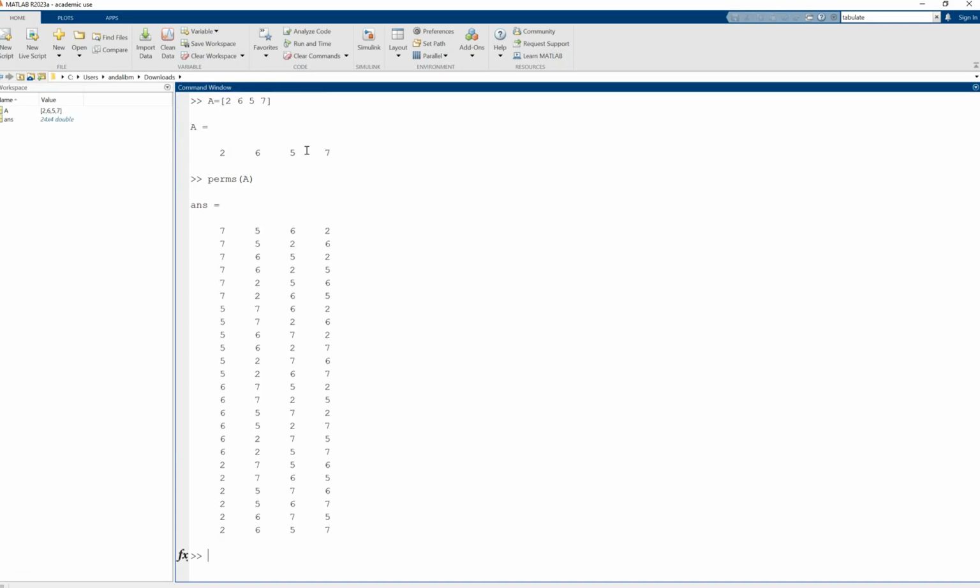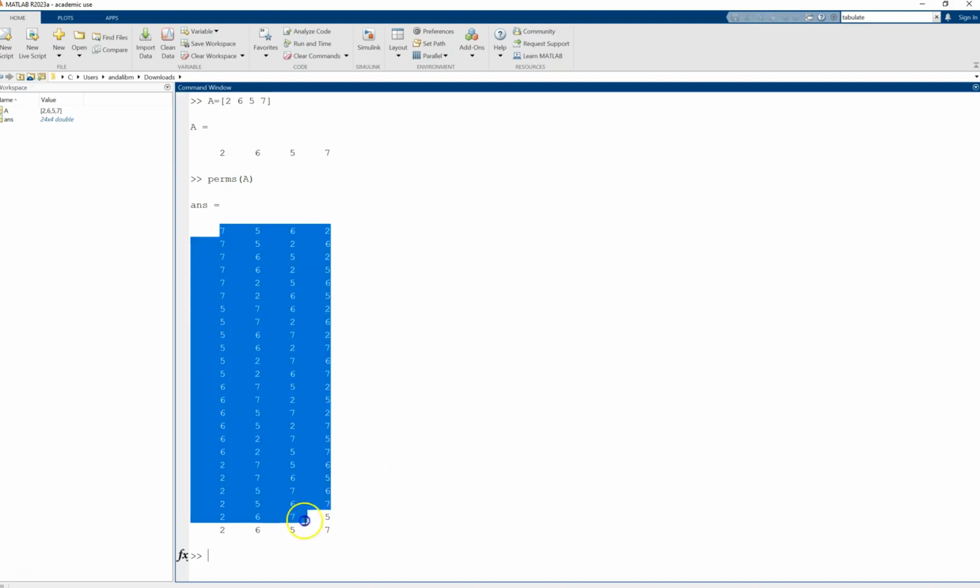Give me all the permutations of A, and you see here that I put the 7 first for the first 6 permutations, and then I go to the second number: 5 for the next 6, 6 for the next 6, 2 for the next 6, and then it keeps changing.